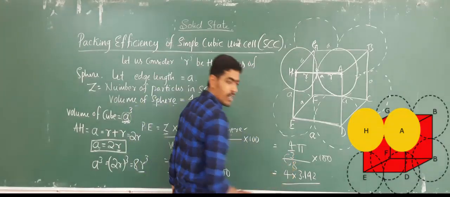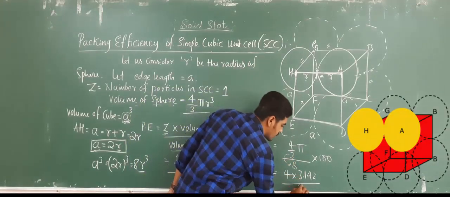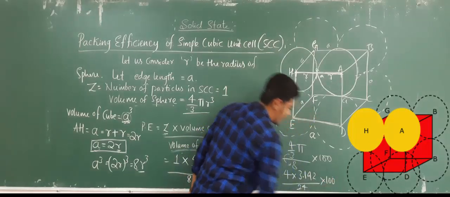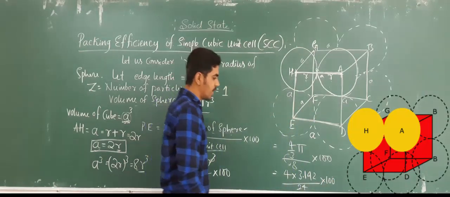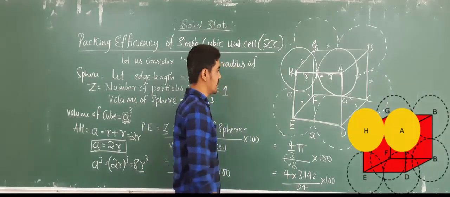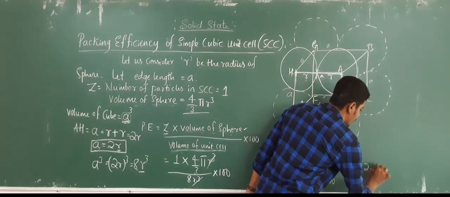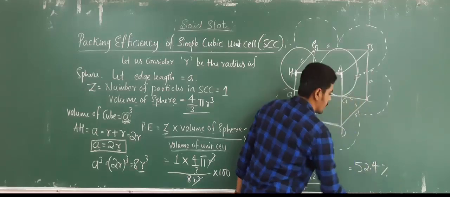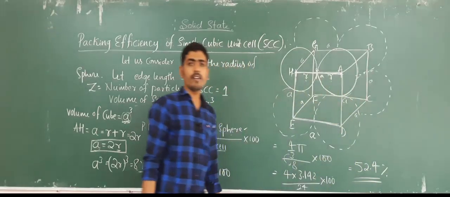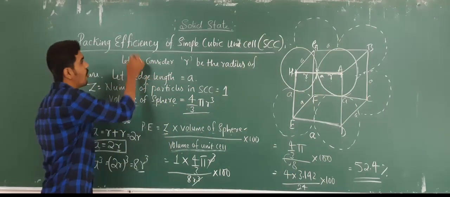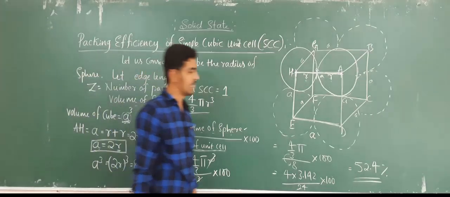This 3 comes here. So 3 into 8 is nothing but 24 into 100. So how much will you get? If you simplify this, you will get 52.4%. That is the packing efficiency of the simple cubic unit cell.